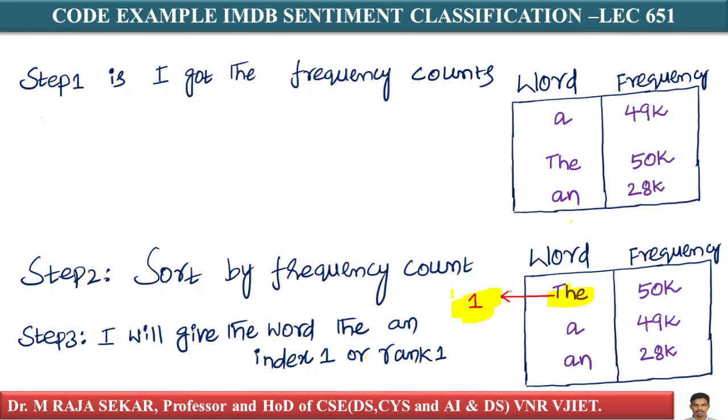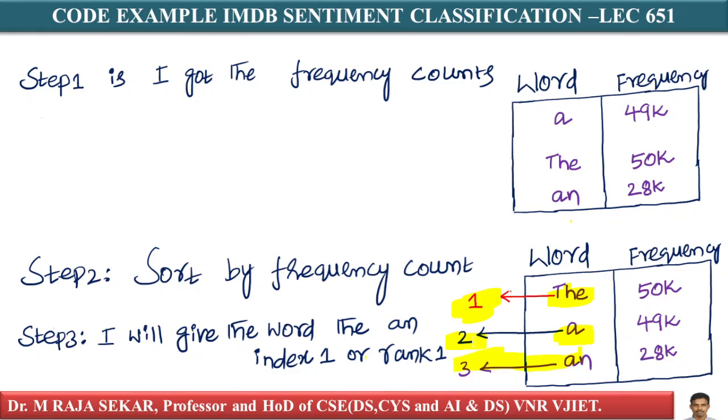Whenever I see the word "a", I will replace it with 2, because its rank is 2. Whenever I see the word "an", I will replace it with 3, and so on.